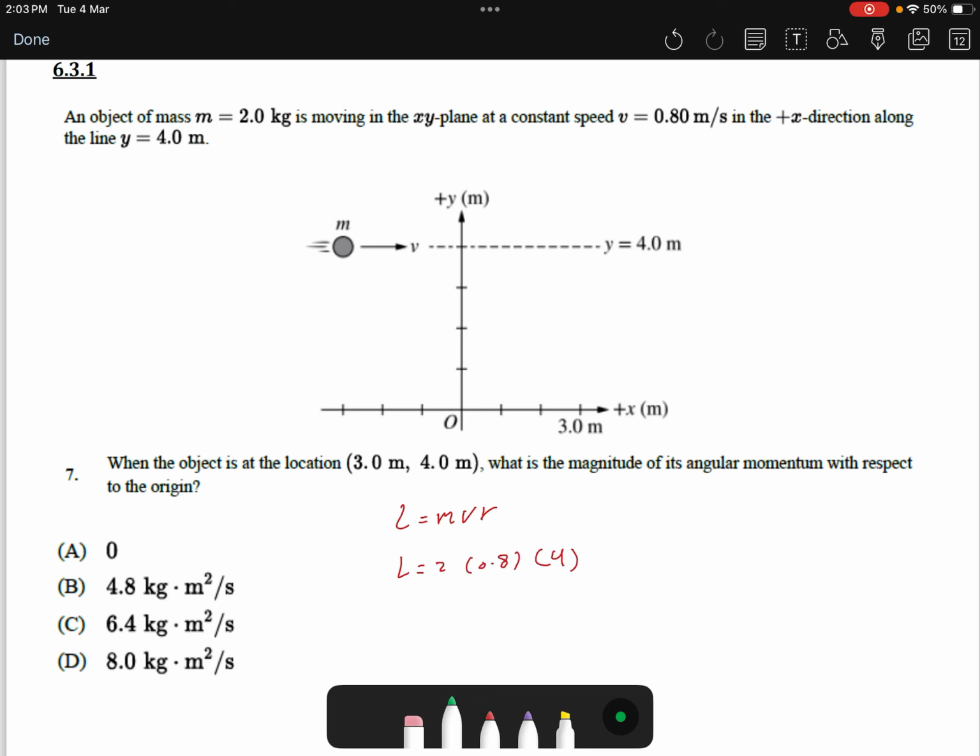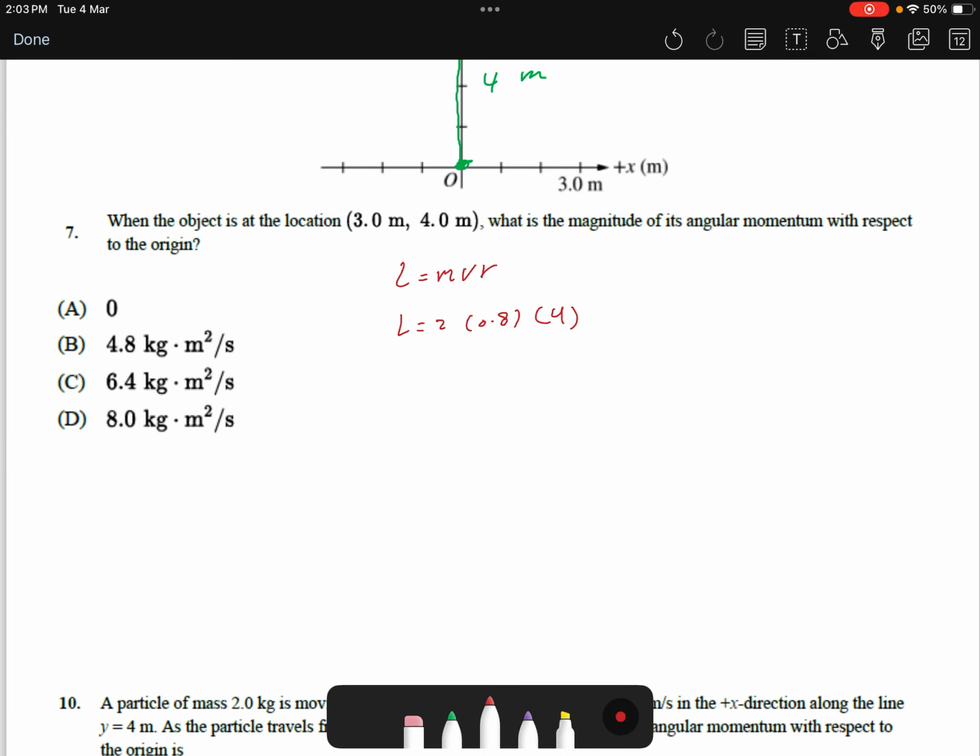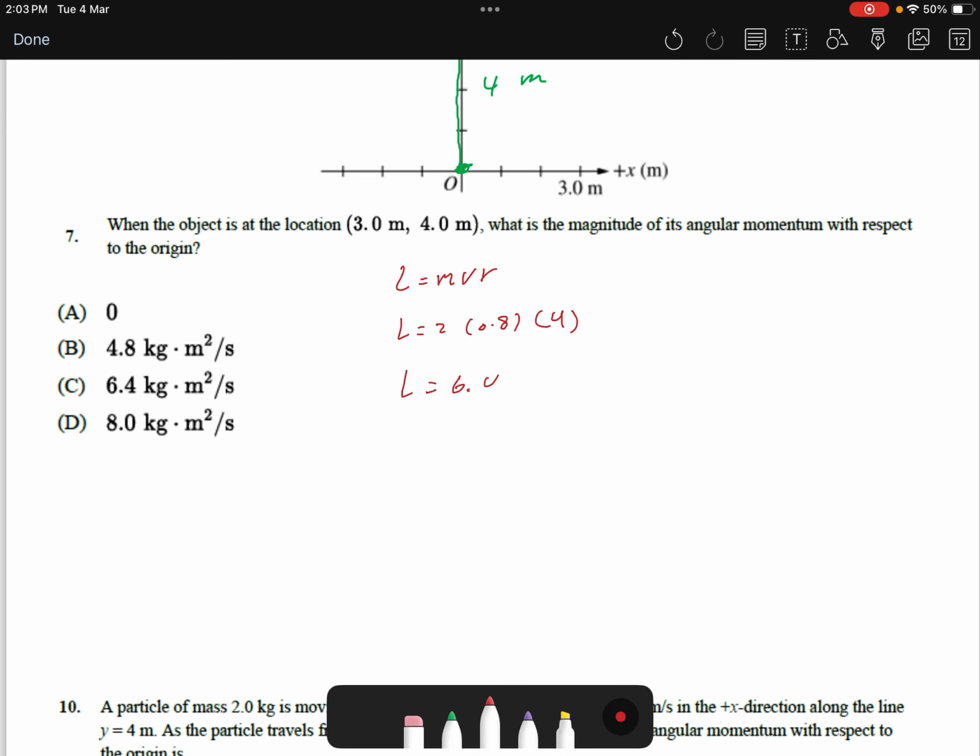We need to be careful. R here is the perpendicular distance between the path and the pivot point. The path and the pivot point are parallel, so the perpendicular distance is 4 meters, which is y, okay? Now L equals 6.4 kilogram meter squared over second, using the calculator. This is the right answer.